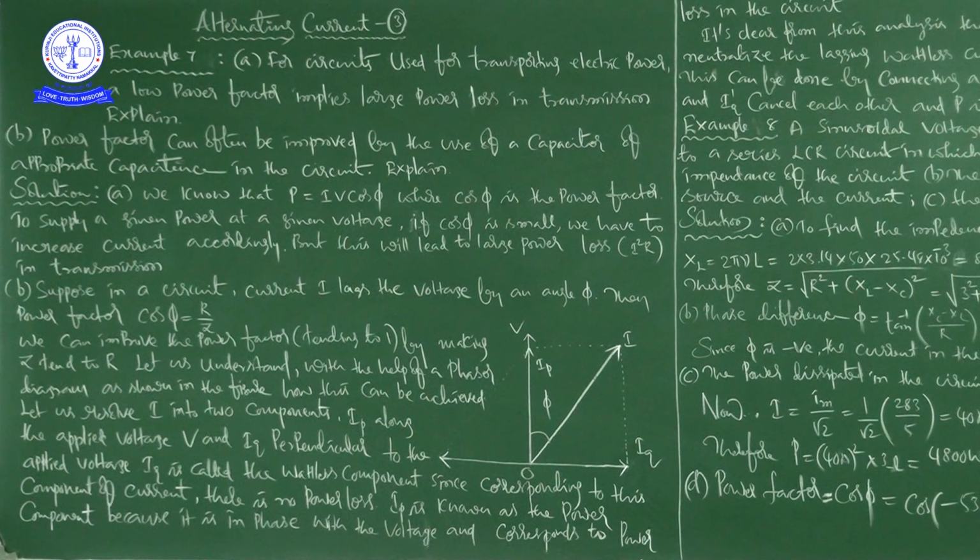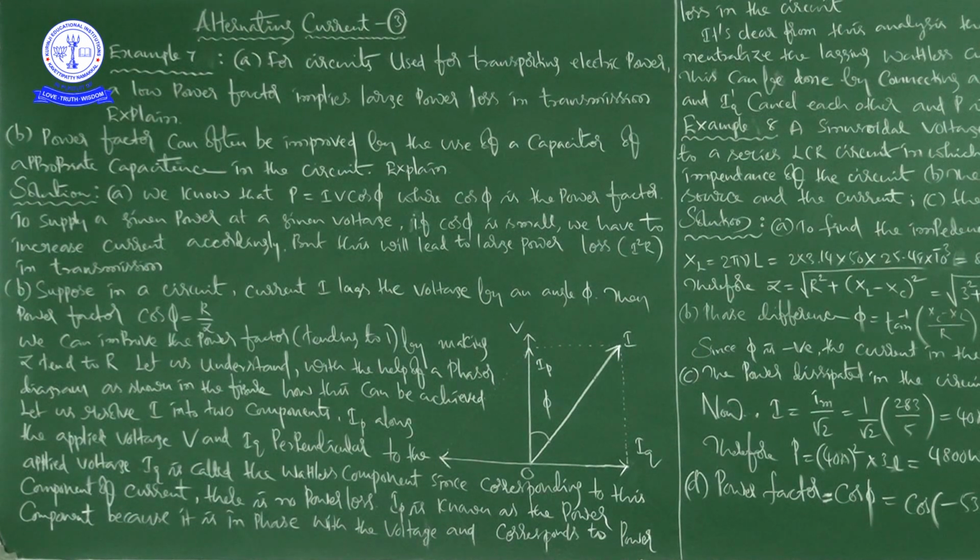Now we can improve the power factor. We can improve the power factor tending to 1 by making Z tend to R. Mathematically, when R is equal to Z, what happens to cos phi? It is 1, no?